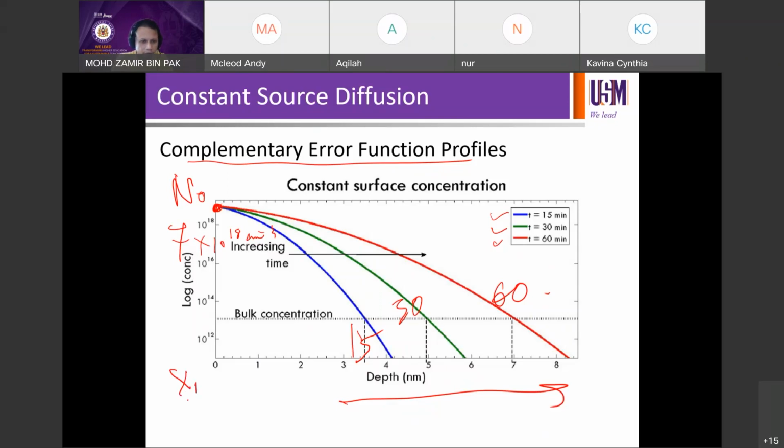XJ15. 4.2. 4.2. How do you get 4.2? At the end of the blue line. Okay, how do you determine the junction depth? Okay, 4.2. Right?